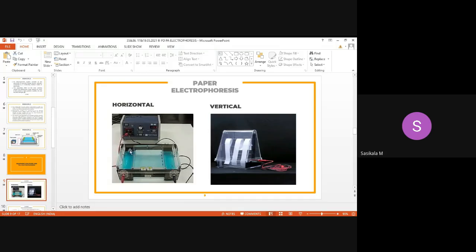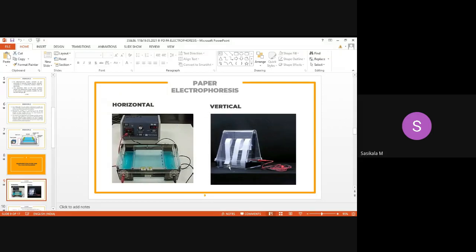When the voltage is applied, the samples start moving and are separated according to their molecular size. This is horizontal paper electrophoresis.